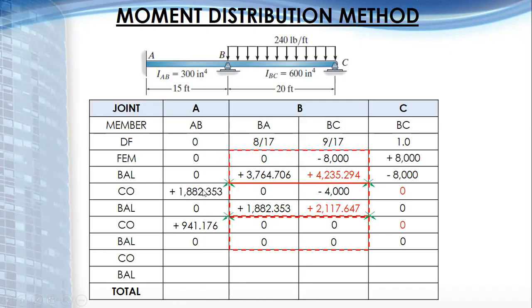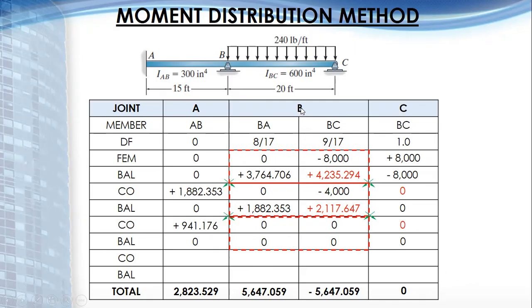So, for member EB, 1,882.353 plus and 941.176. Positive 2,823.529. For BA, this one, BC, and for CB, 0 lang.